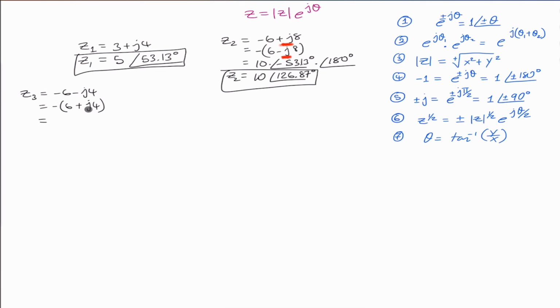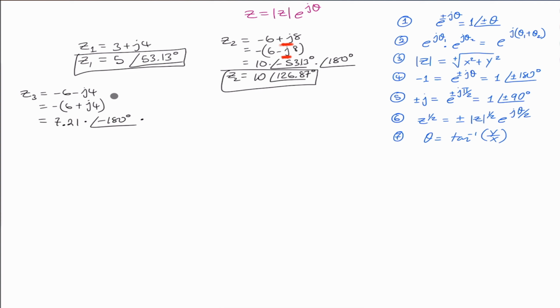So let's get the magnitude first. The magnitude is going to be the square root of 6 squared plus 4 squared, and that ends up to be 7.21, times our angle of -1, and that is -180 degrees, times the angle for the expression within the parentheses, and that is going to be positive.